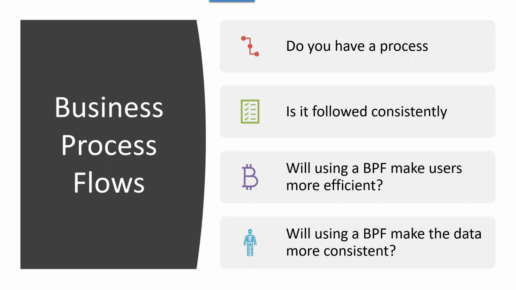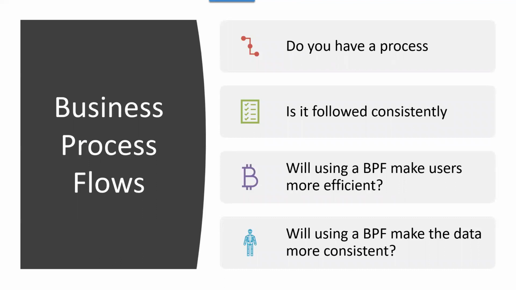As I've stated, you cannot throw technology at process issues. What you end up with is really fast, bad processes. So if they don't have a process or they don't do it consistently, meaning everybody, or every group, has to do it the same way, will it make the users more efficient? Yes or no?